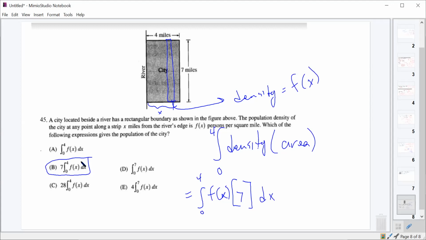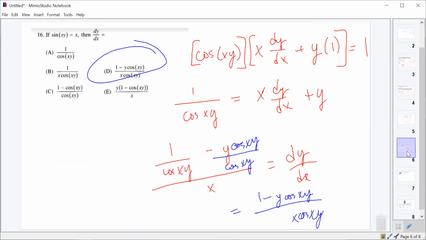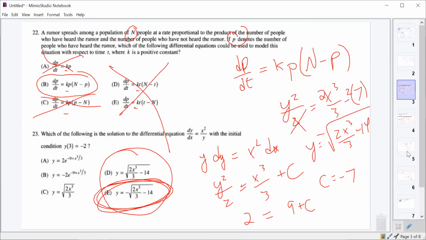Questions on that one? All right, next one somebody just asked about again here is 22. We did 22 already today, didn't we? Yes, we did. A rumor spreading, right? You meant the no calculator section. 22 is from the next section.